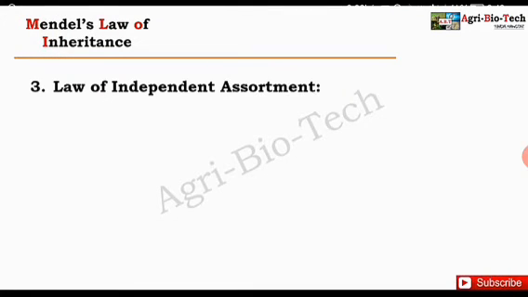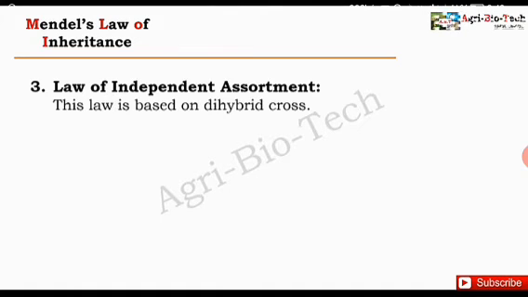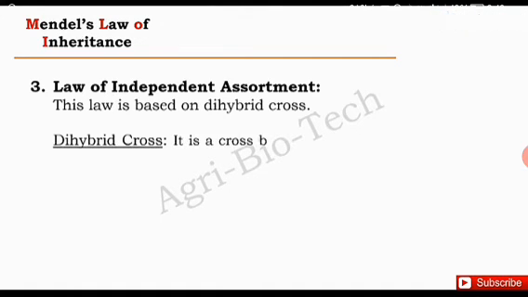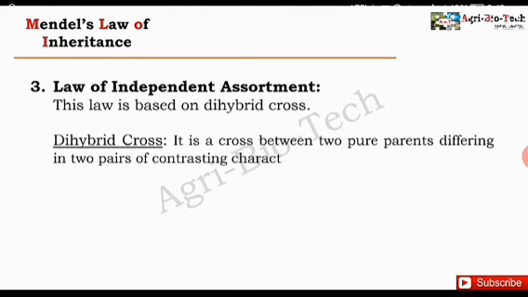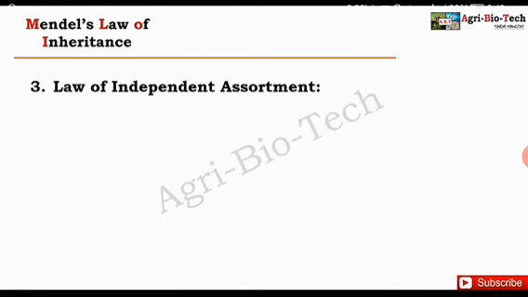Now we will see the third law, the law of independent assortment. This law is based on the dihybrid cross. What is a dihybrid cross? A cross between two pure parents differing in two pairs of contrasting characters is called a dihybrid cross.